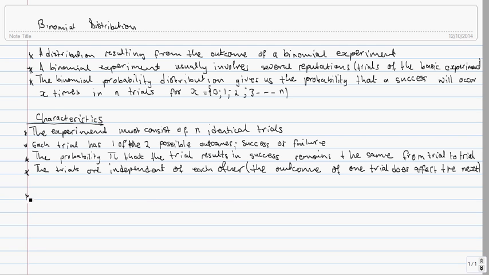Now let's write the probability distribution. Okay, let me just erase here and then write.